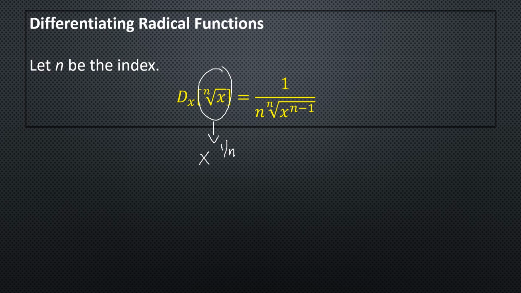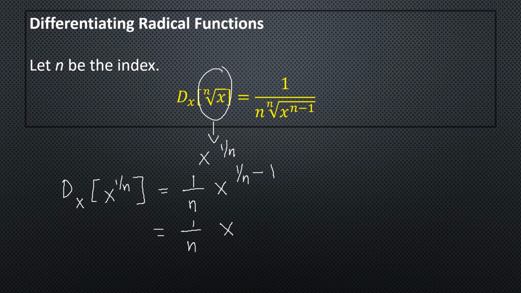So it will become the derivative of x raised to 1 over n is equal to, bring down the exponent, 1 over n times x raised to 1 over n minus 1. So that will become 1 over n times x. So this one can be written as n over n, right? So we have 1 over n here.